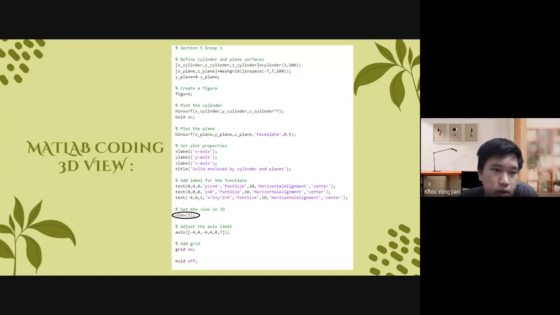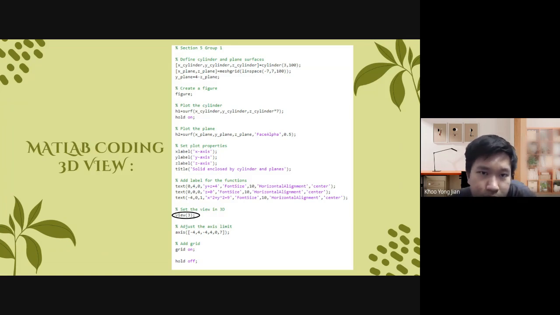Next I will be talking about the MATLAB coding for the 3D view. This is exactly the same as the 2D view coding, because the only change is at the bottom, where the view becomes 3 to set the view in 3D.